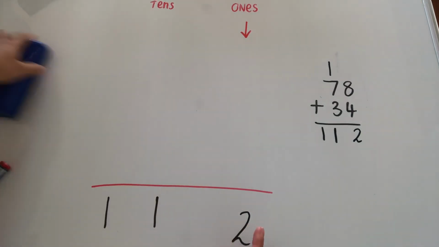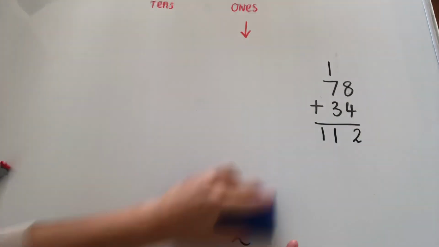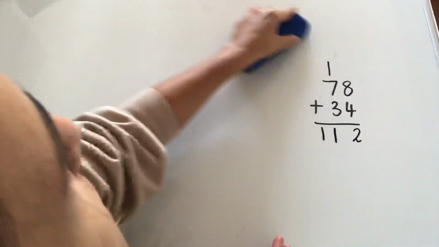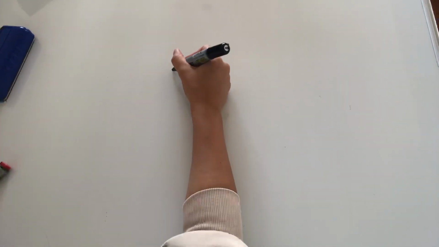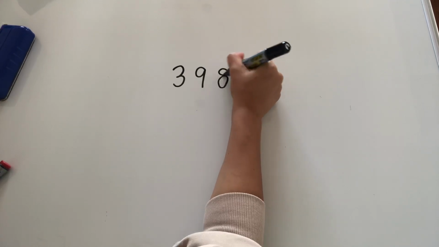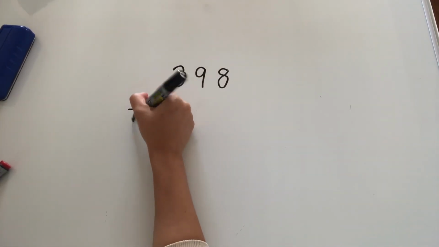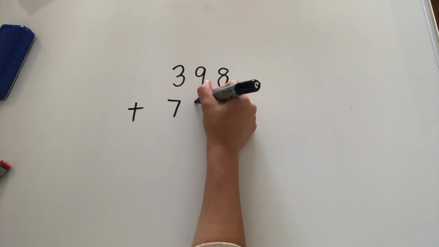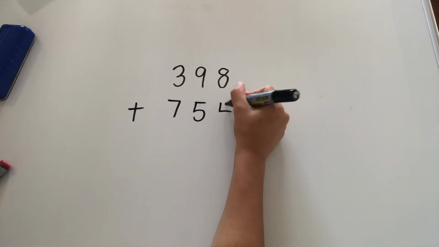I'm going to now move to a 3-digit number. So that means we're going to have an extra place value column. So we're going to have the hundreds. So our equation is 398 add 754.